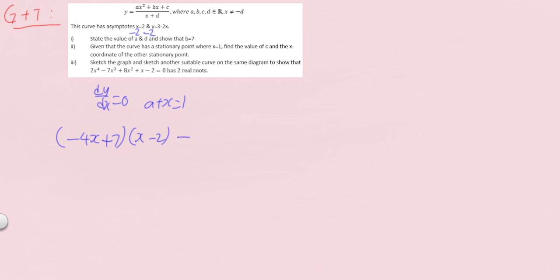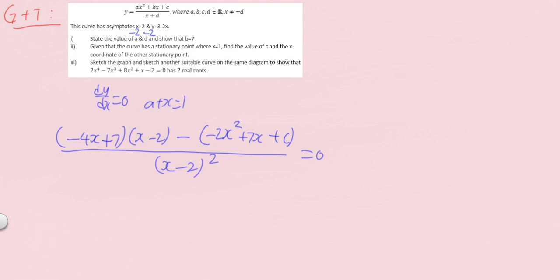You differentiate x minus 2, it would be 1, then I get minus 2x squared plus 7x plus c, over x minus 2 whole thing squared. Then this would be equal to 0 at x equals 1.